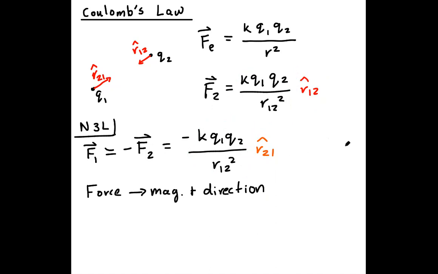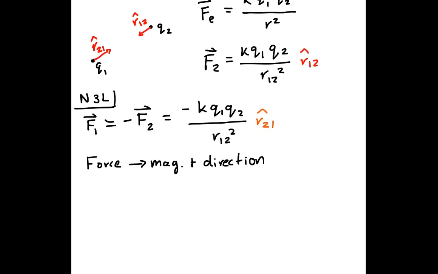All right. So now let's look at a simple example that ties this concept together. Let's say that we have two 1 Coulomb charges, and they are 1 meter apart from each other. And we want to find the magnitude of the force between them. So how do we do that?